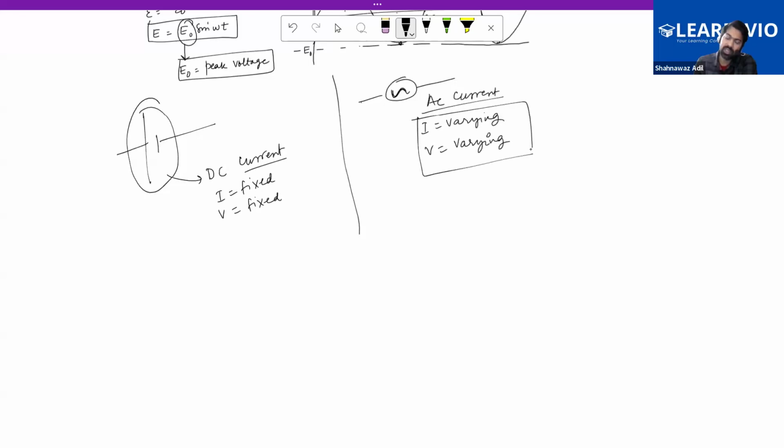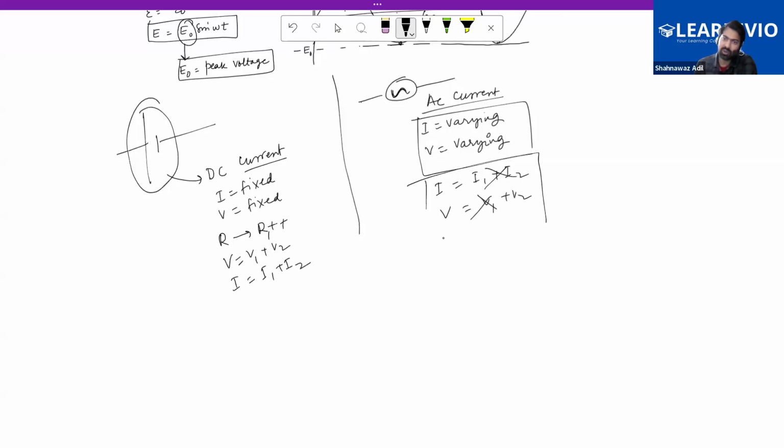And there is a very important thing to note down here that we have understood in the third chapter: how we can add resistances simply, how we can add voltage simply, how we can add current simply. But in this case, we cannot add current in this way. We cannot add voltage in this way.